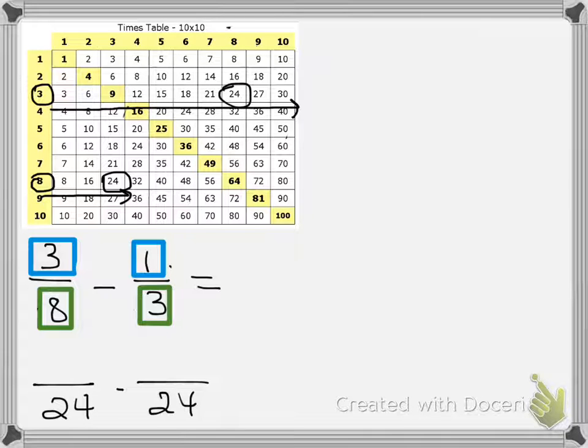And what I'm going to do now is ask myself, what did I multiply 8 by to turn it into a 24? I'm just going to look straight up here, and I'm going to see, oh, it was a 3, because 8 times 3 equals 24.